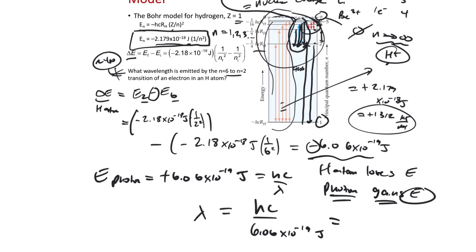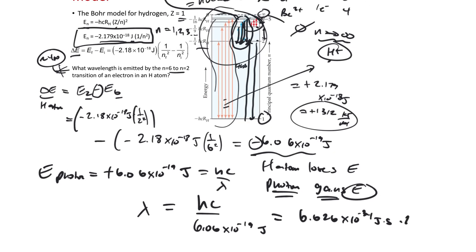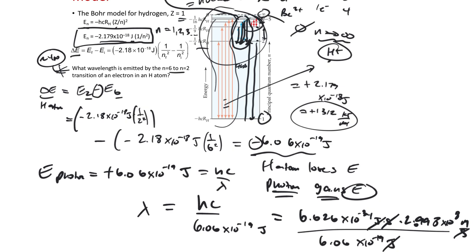You may know h well enough, but it's 6.626 times 10 to the minus 34 joules times seconds times 2.998 times 10 to the 8 meters per second. So the seconds cancel, and then divide by the number of joules. So the joules cancel, and we're left with units of length being meters.